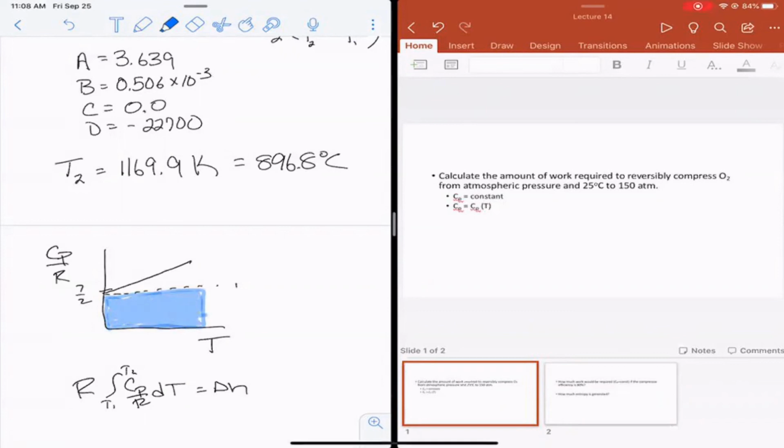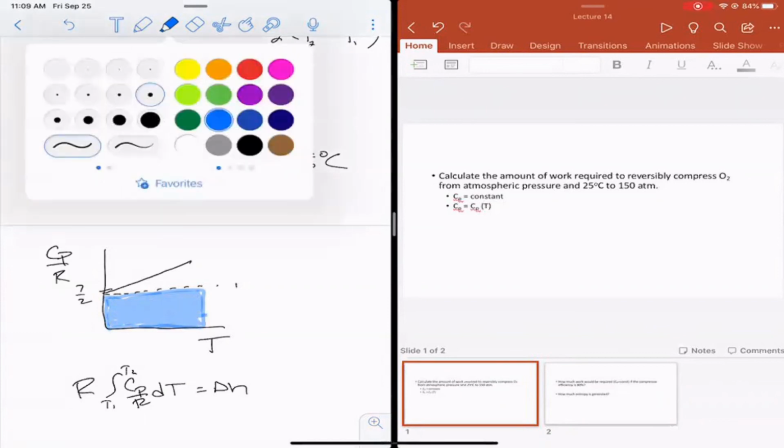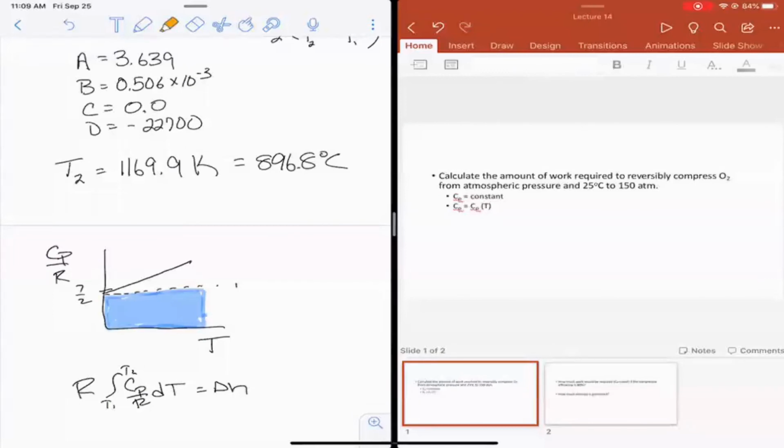So let's say that was delta H. Well, delta H may or may not be the same in this problem. We'll figure that out in a minute. But let's say it were approximately the same. Well, if you had the same amount of heat and the heat capacity from one was equal to a constant, now we get to go all the way up here, but we have to make those areas equal to each other. And the only way to really do that would be like this, right? So the area of these two shapes that I've drawn are approximately the same. But obviously, when we let the heat capacity go up, the final temperature is lower, okay?